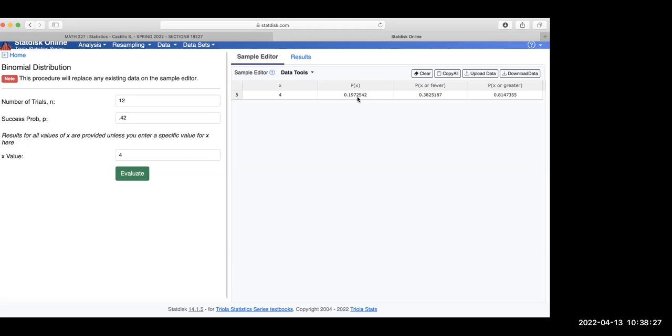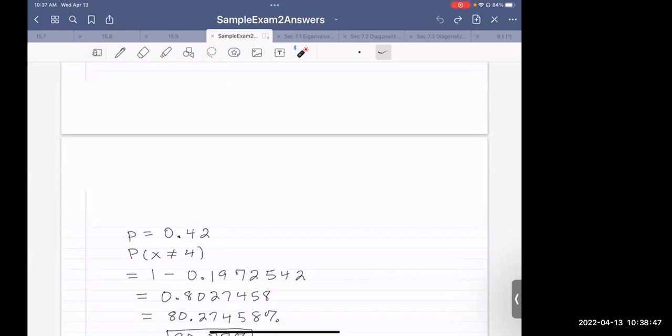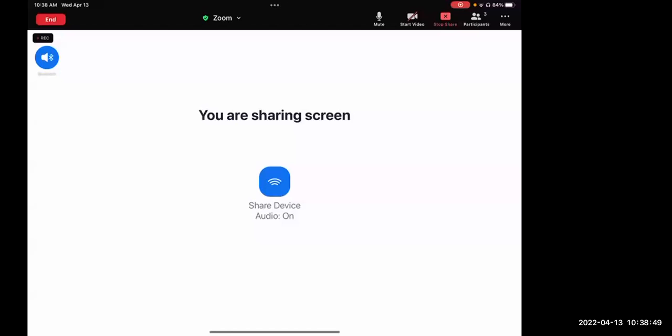When you evaluate it, you get 0.1972542. I'm going to have to write that number in my iPad, and then do some arithmetic. When using StatDisk Online, it's going to require you to do a little bit of arithmetic.